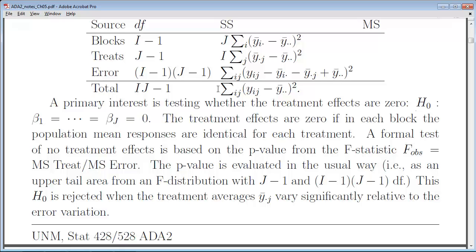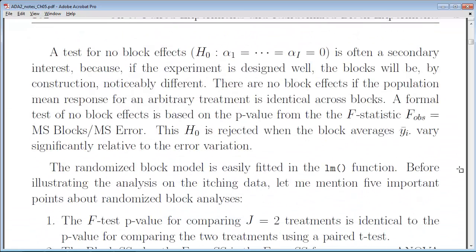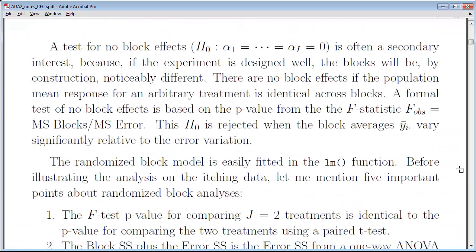Because after all, the total sums of squares, this bottom line, equals the sum of the block sums of squares, the treatment sums of squares, and the error. So the more we can account for in the block, the less there is in the error, and the better we are able to see the treatment effect. Okay. Get rid of that nuisance variability. Okay, so that's what this paragraph says. We often don't care about block effects.